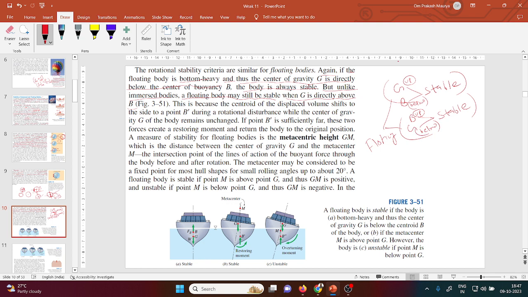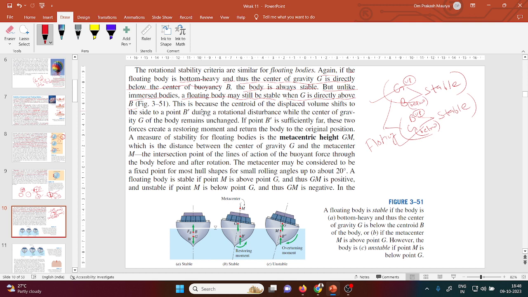So if you see here, in the first case your G is below B, and in this case your G is above B. So in the floating case, these two cases are possible. You should remember this, I think this is an important point. You may see it in some exam also.